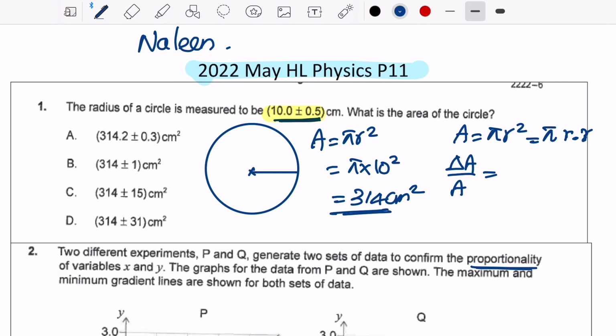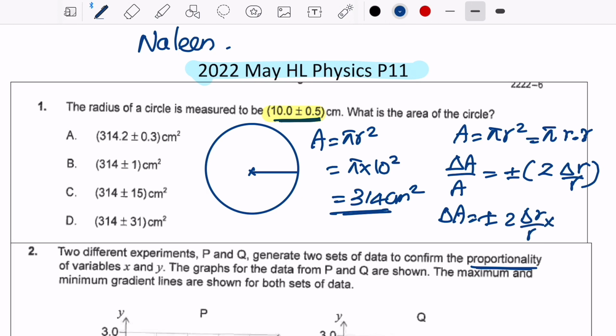Then you can take it as a multiplication of two variables. So this pi disappears in the error calculation. The plus or minus 2 comes to the front, delta r over r, right? So delta A over A equals plus or minus 2 delta r over r.